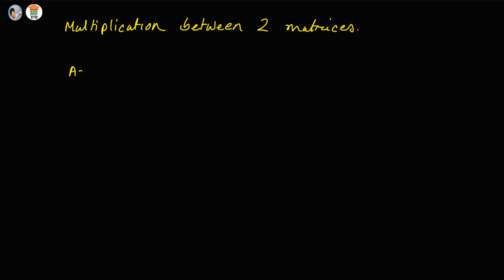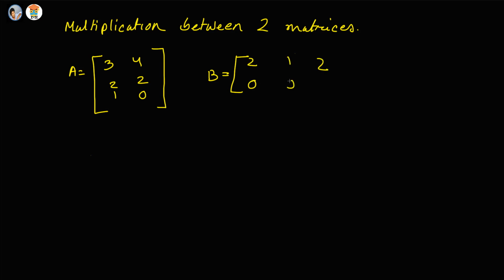Say A equal to 3, 2, 1, 4, 2, 0, and B equal to 2, 1, 2, 0, 0, 2, 1, and 0.